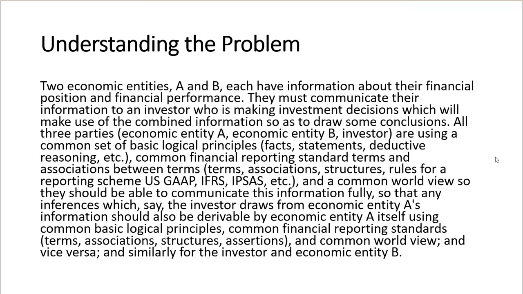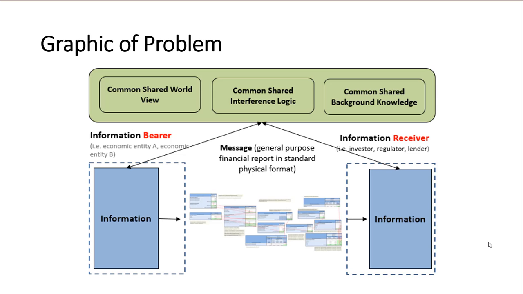But here's the problem. I'm not going to read this, but I'm just going to basically explain it. If you want to exchange information, you have to do things to make the information exchange possible. So I'm going to explain that with this graphic.